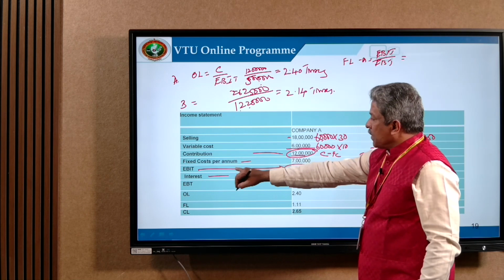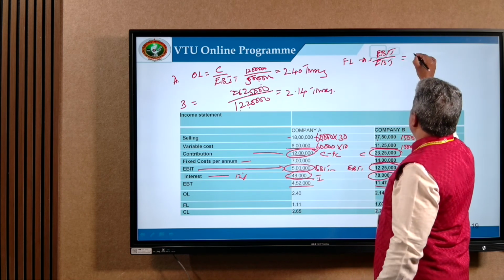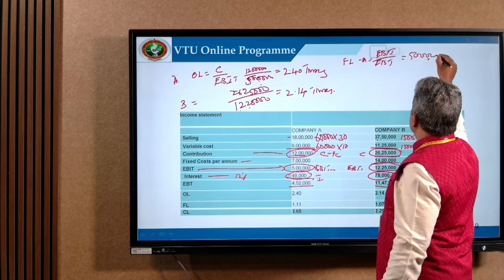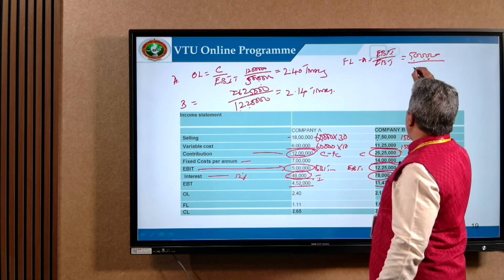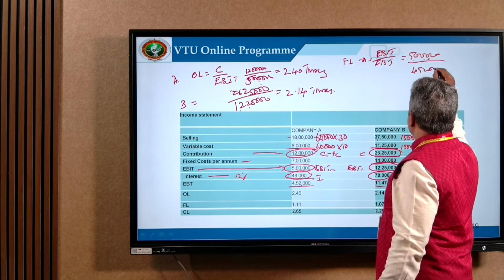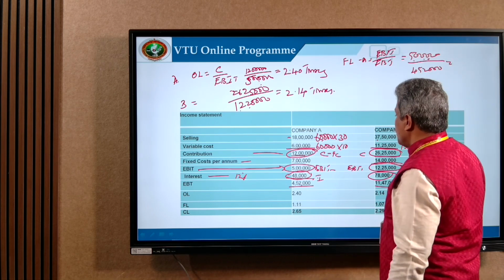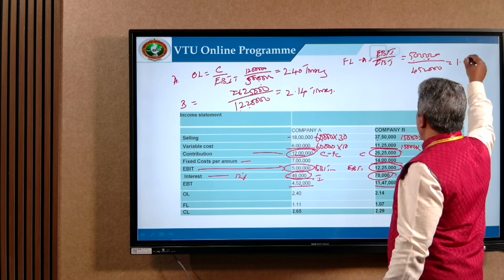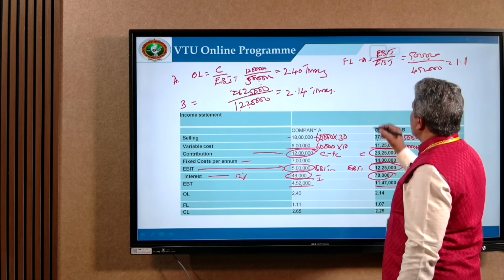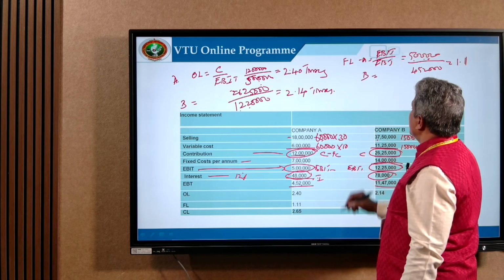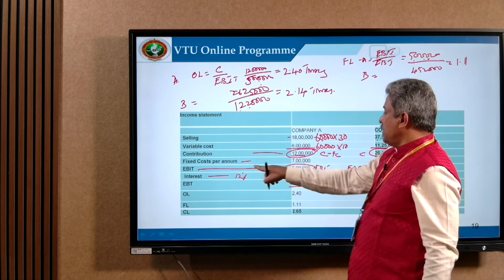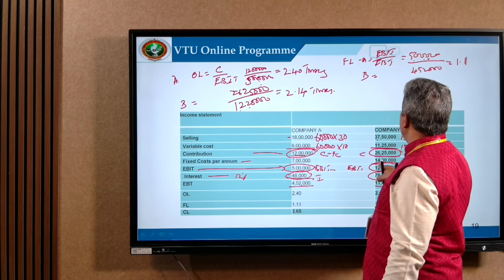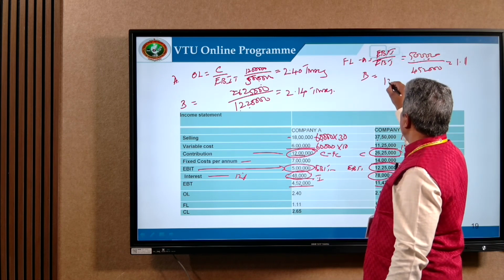So, 5 lakhs divided by company A's EBT of 4 lakhs 52,000 is equal to 1.11 times.